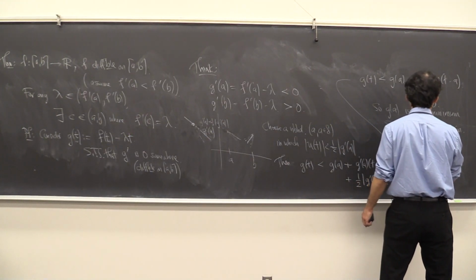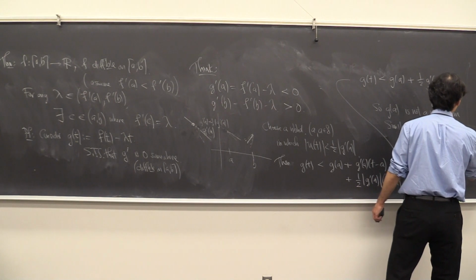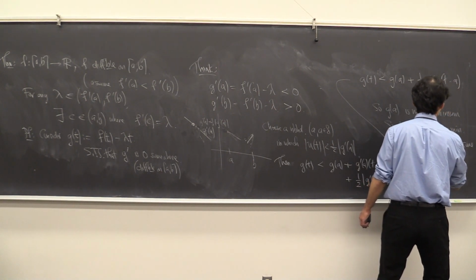So g prime c equals 0 for some c between a and b.